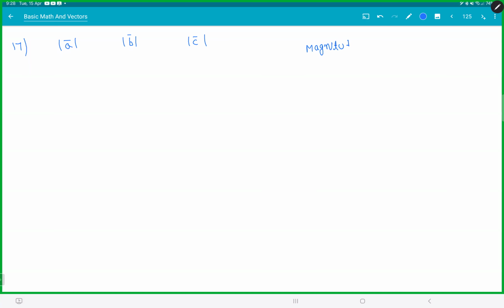So we have three vectors. You know the magnitudes, you don't know the directions. So the question is, you can arrange them however you want.